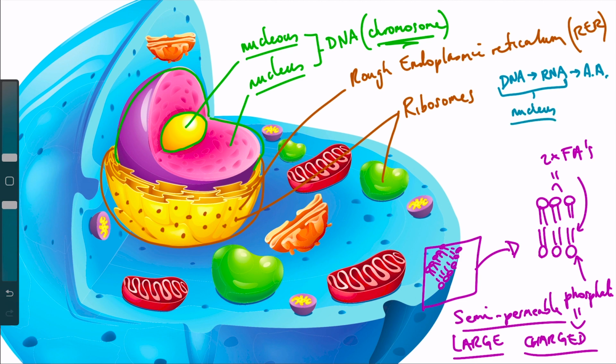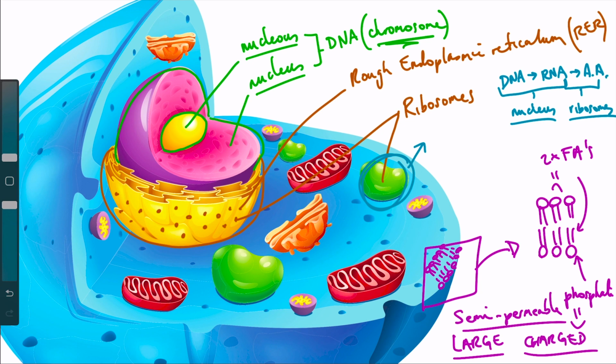But RNA to amino acids, this happens in ribosomes. And so it can happen. You're looking at it and you're going, but there's two types. There's ribosomes attached to the rough ER and there's free-floating ribosomes. So here's the difference. The free-floating ribosomes, like these ones here, they create amino acids.